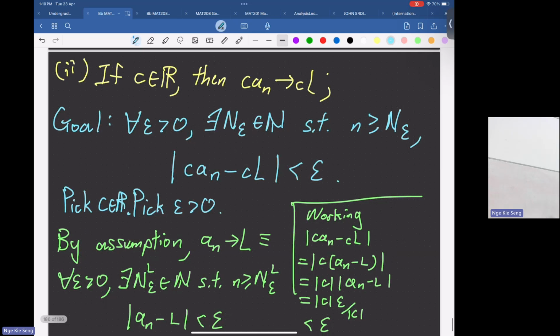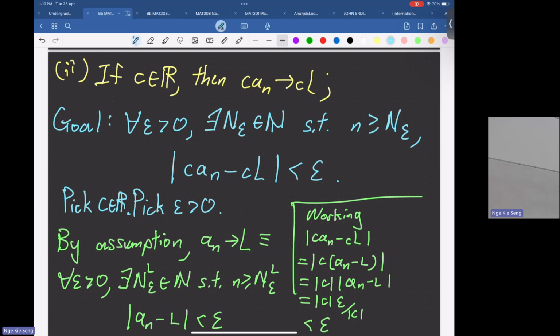If C is 0, the sequence of constant 0 converges to 0. False or true? Still true. But I cannot divide by 0.